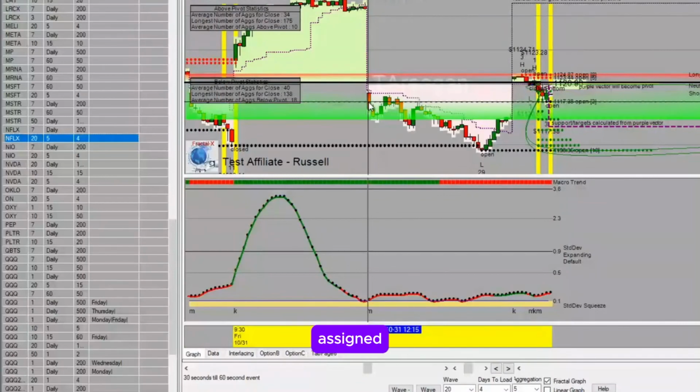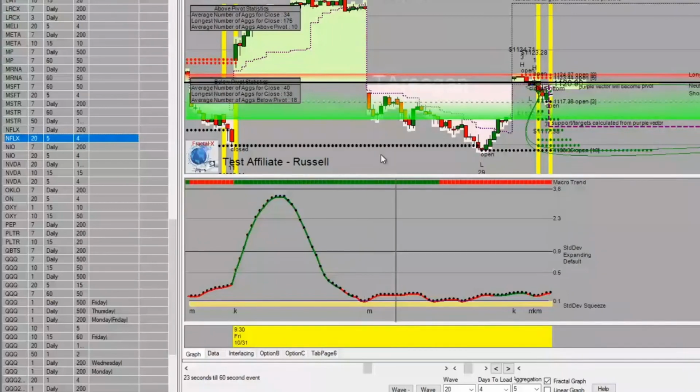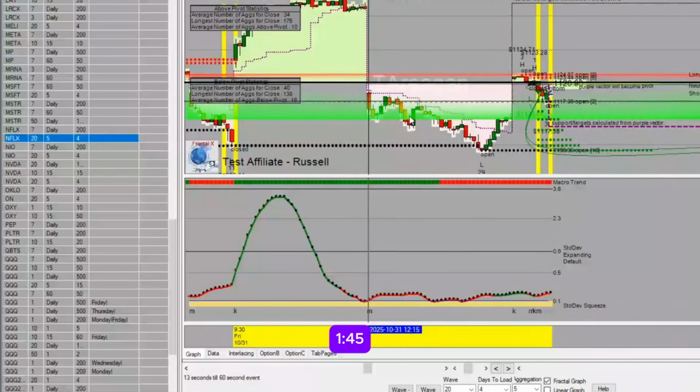Oh, we got an M assigned down below. We can see here if you're waiting for it to go above the pivot line, you're waiting and you're waiting, and maybe you go in at 12:15, you're like, I'll go long, and now you're sitting over here at 145, and you're like, man, it's still not above the pivot line, but I know it's going to get there.